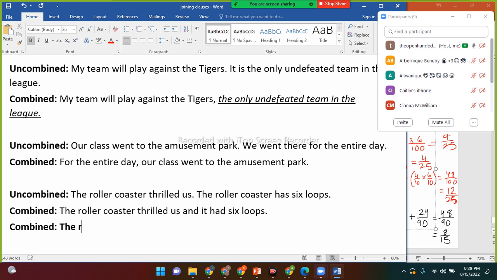We can say the roller coaster, which has 6 loops, thrilled us. I like this one better because it's describing the roller coaster.